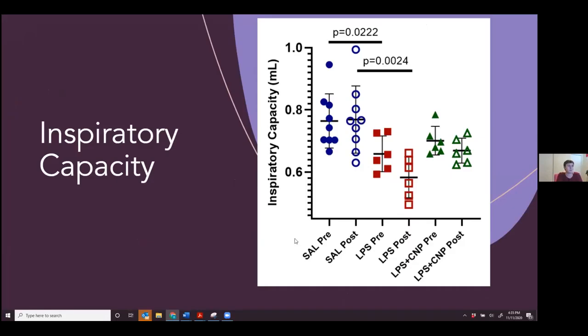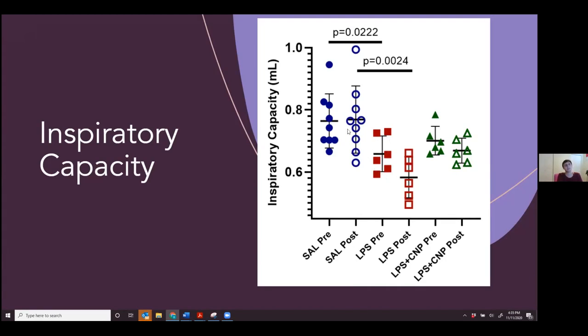This is the inspiratory capacity. These closed blue dots are saline mice. So these are control mice and their inspiratory capacities, and then their inspiratory capacity after 3 hours of mechanical ventilation. You can see they're healthy. Their inspiratory capacities don't change over the course of mechanical ventilation. Now we have these LPS injured mice, the lipopolysaccharide injured mice.